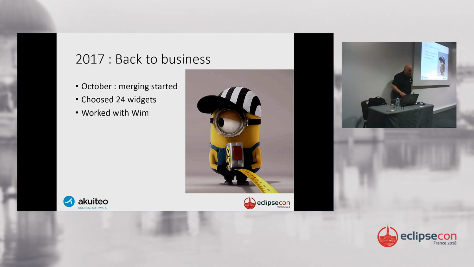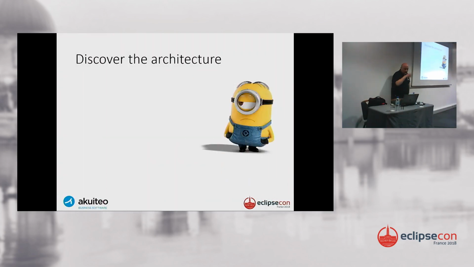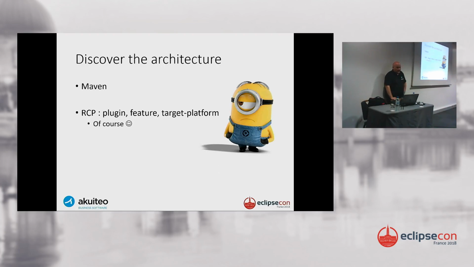First thing to do: Opal was just a monolith, just one jar, just one plugin. Because it was easier, and it was my project, I didn't care about slicing it. For the architecture, we use Maven for building, and RCP, obviously, so I had to be aware of concepts like plugins, features, target platform, manifest, and so on.